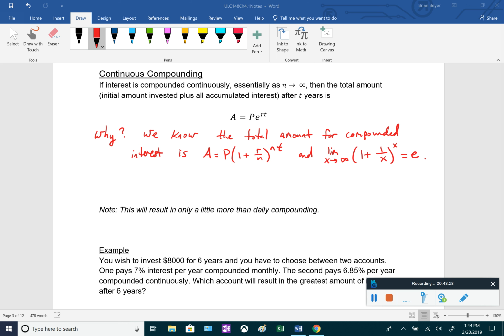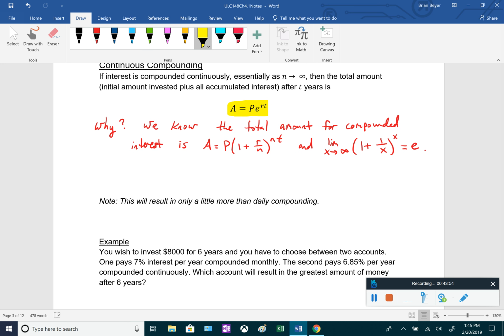So, like I mentioned, there's a little bit more to it, but you can kind of see how the formula that I have written to the left here that we were just using is similar to that limit. So you can hopefully see how that formula we were using before turns into the one we are using now, A equals P times e to the rt. This actually ends up resulting in a little more than daily compounding.